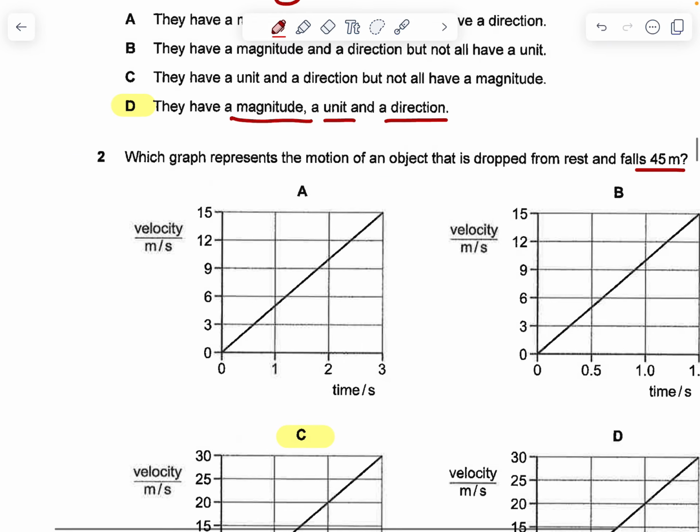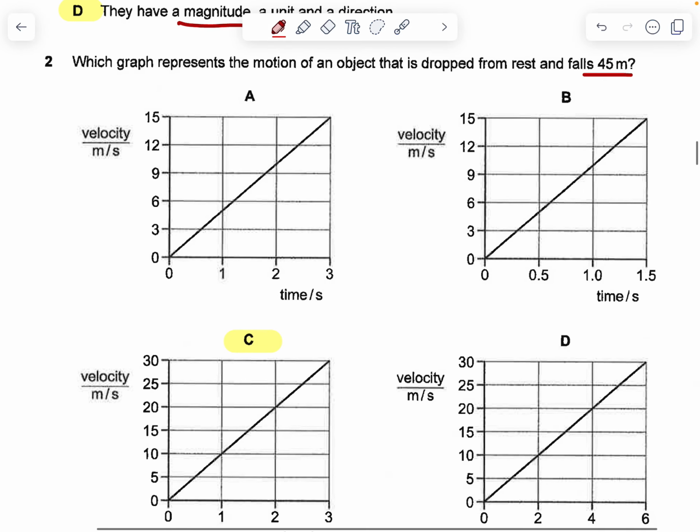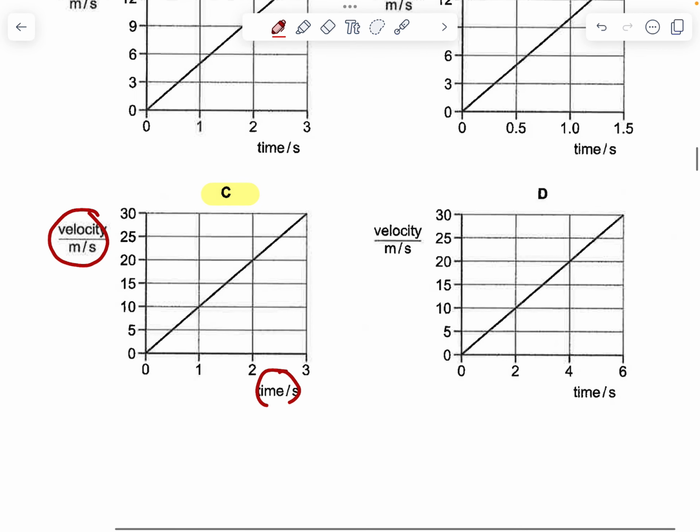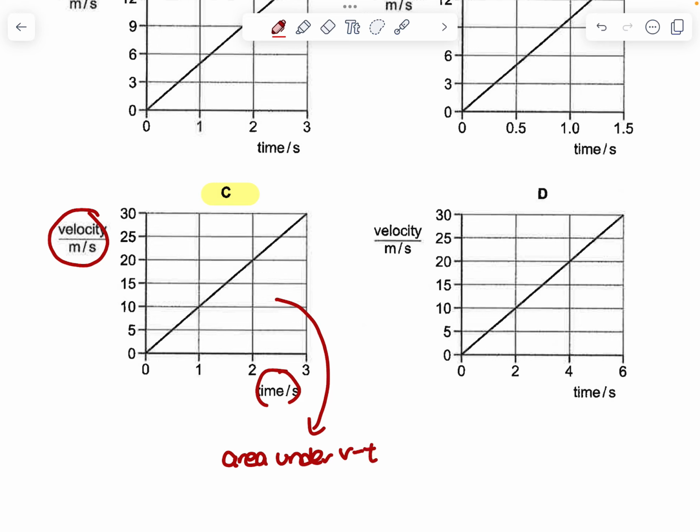Okay, question 2. Which graph represents the motion of an object that is dropped from rest and falls 45 meters? So as we can see, this is a velocity time graph. The area under a velocity time graph, the VT graph, will give us displacement.